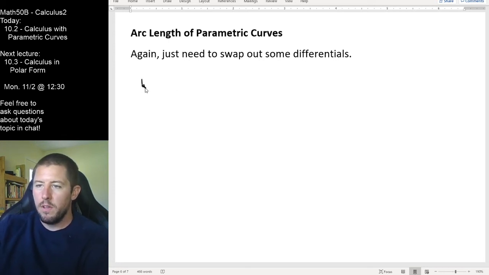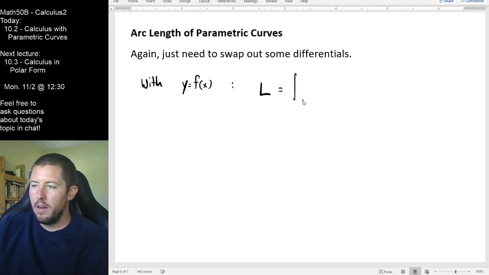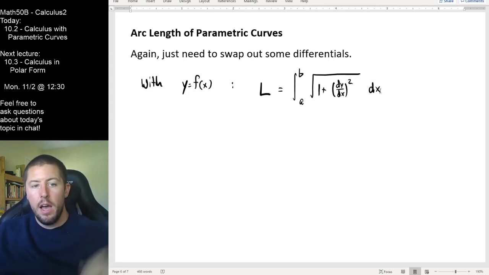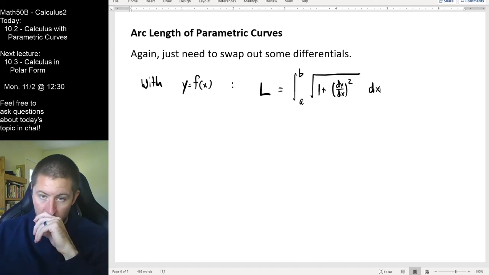So let's do our little derivation here. With y equals f of x, back in our original arc length scenario, we came up with this integral right here. We said it was the integral from a to b of the square root of 1 plus (dy/dx) squared dx. There was another formulation in terms of dy. Let's just handle our dx one right here. We can do them both the exact same way.